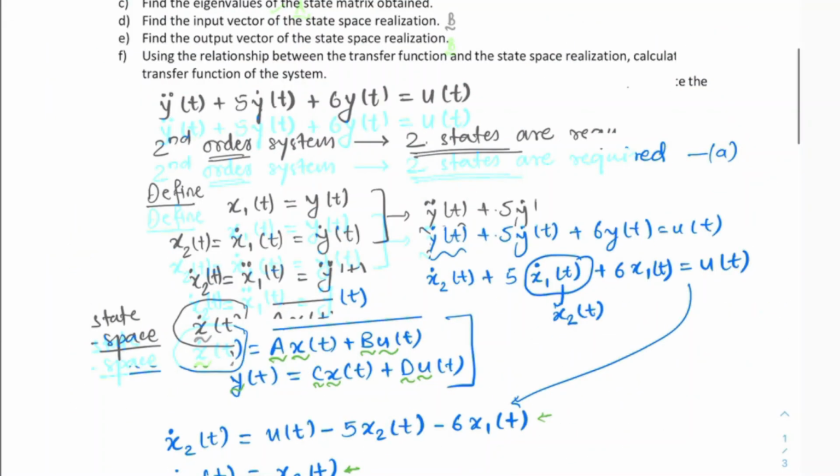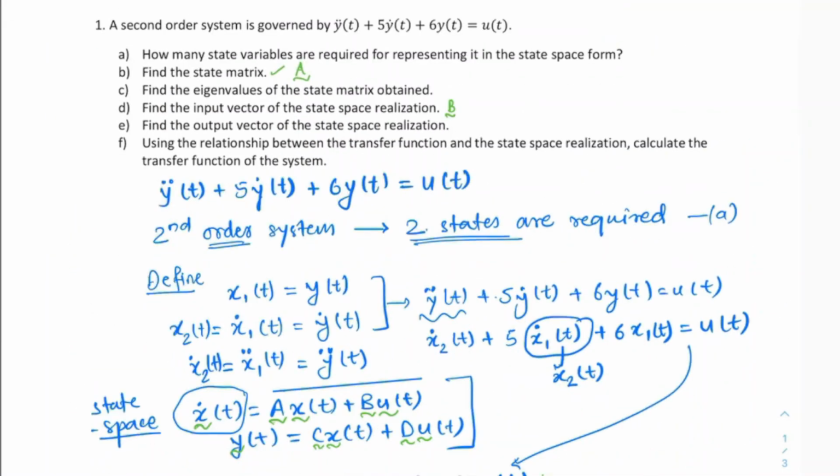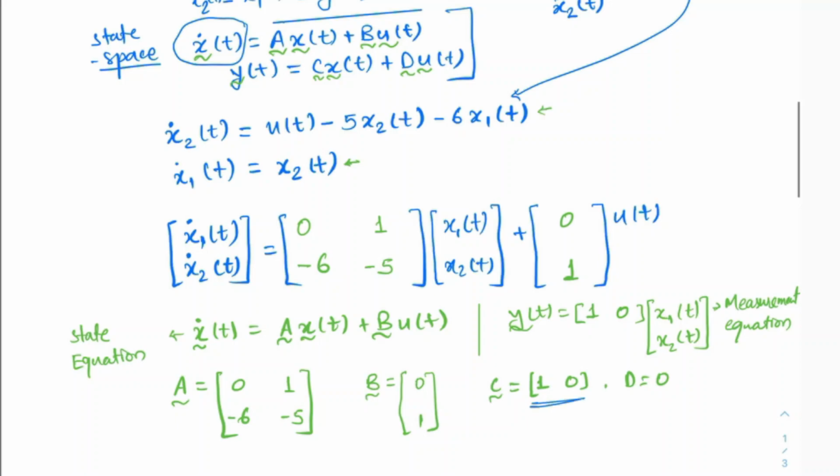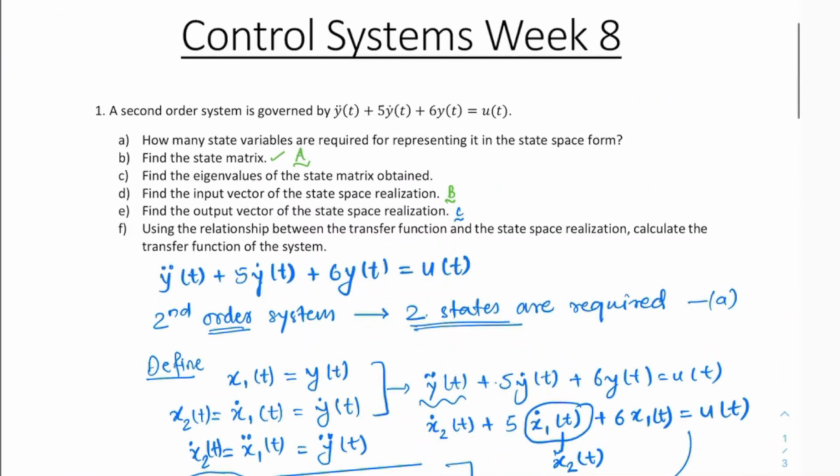Let's look at the next portions. The output vector is essentially vector C, which we found as 1 comma 0. Next we are supposed to figure out the transfer function using the state space realization.